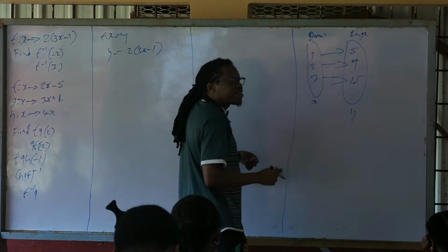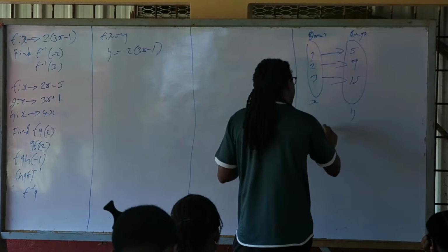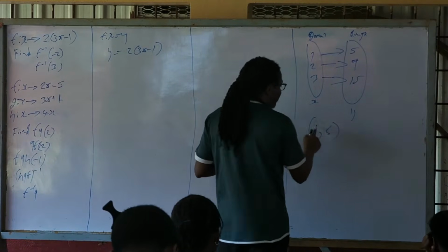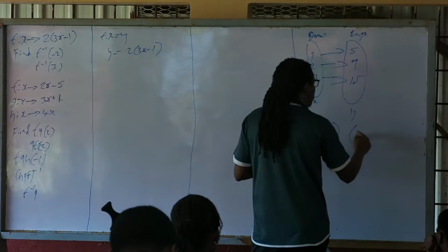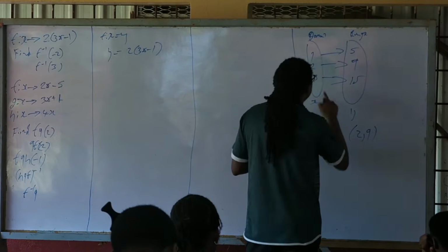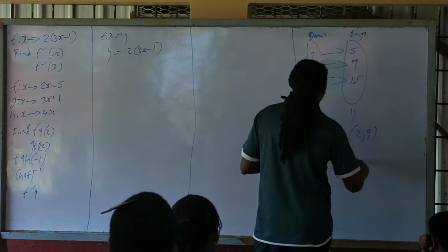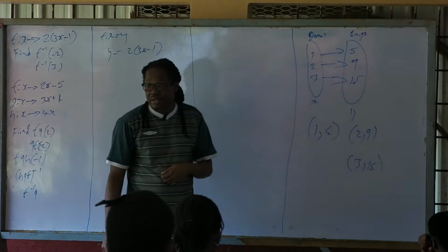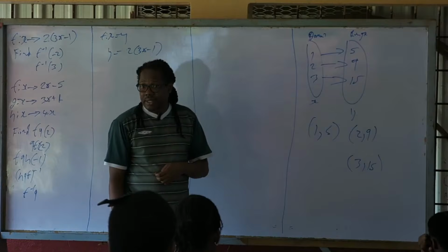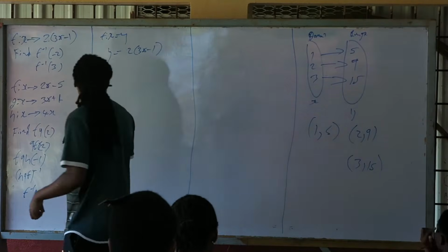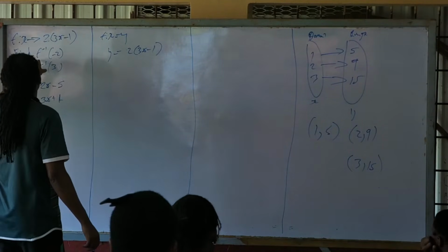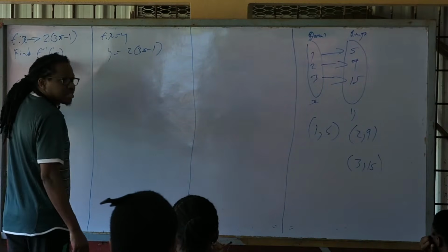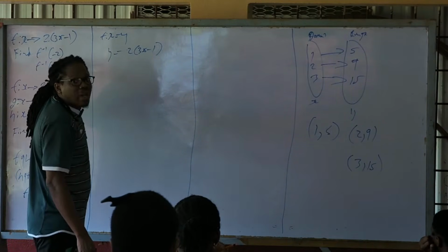Therefore, when you do a graph, you would get 1, 5, that's x, y, and then you get 2, 9, that's x, y, and then you get 3, 15, that's x, y. Everybody understand that so far? If they simply ask you to find f of minus 2, they're saying when x is minus 2, what is y?